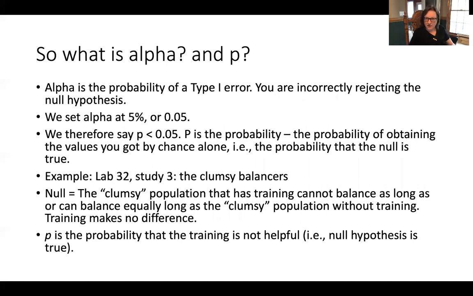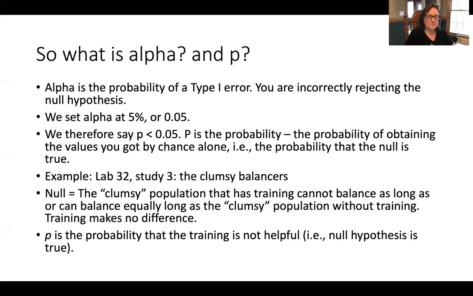If we're setting alpha, and P is the probability that you found something, we say P is 0.05 because we want it to be a 5% chance that you found something by random chance, nothing higher.